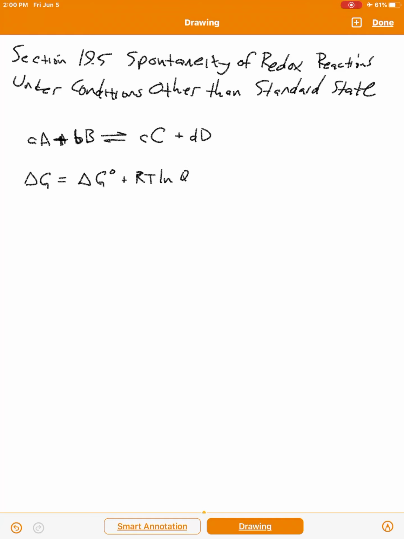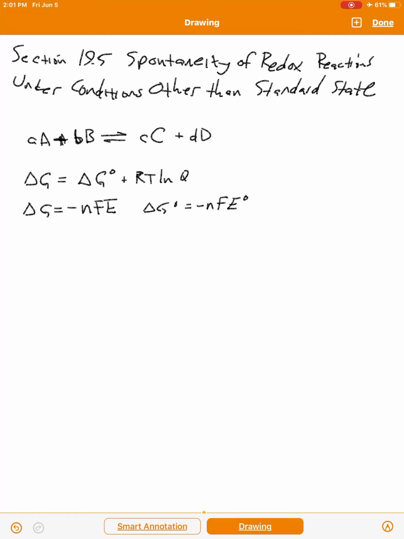Okay, so we're going to use that here. Now let's imagine that we want to take this relationship, delta G is minus nFE, and delta G naught is minus nFE under standard conditions, right? We can substitute those in here.